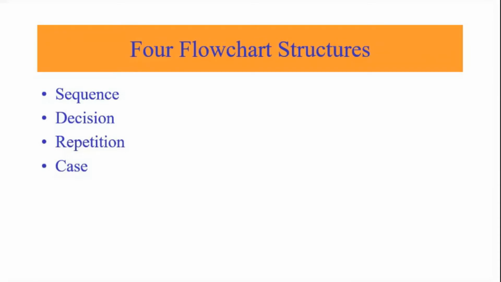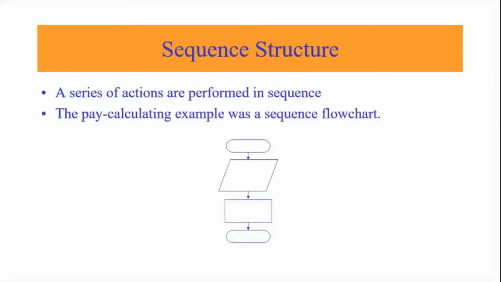But in this case, there are 4 structures: one is a sequence, then a decision, then repetition, then case. How these are represented in a flowchart, that we will see.